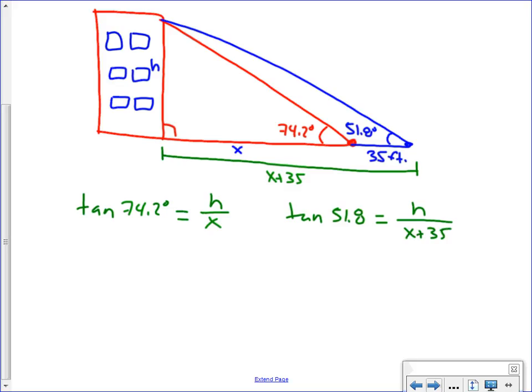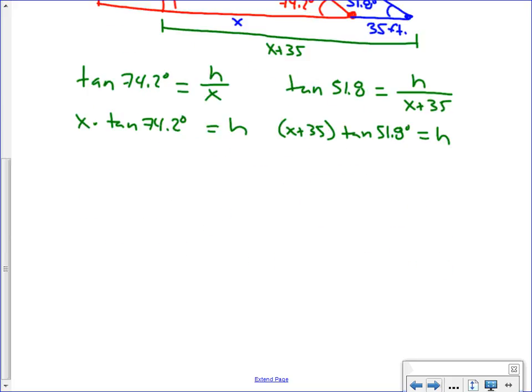That whole length. If you were to solve for h, then you would have x times tan of 74.2 is equal to h, and x plus 35 times tan 51.8 is equal to h. If they're both equal to h, then aren't they equal to each other?